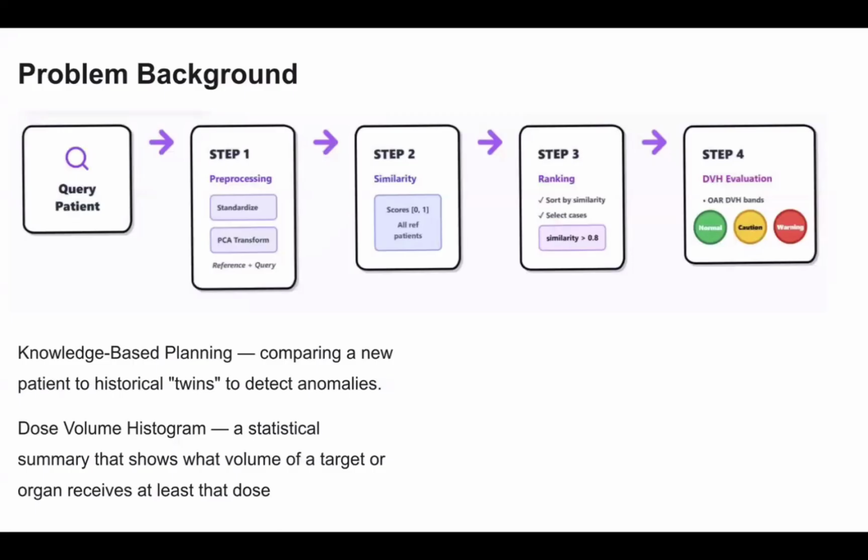Based on how far the query DVH deviates from the historical range, we will assign three kinds of flags. The green flag means it looks normal, the yellow one means it needs caution, and the red one is a potential warning that deserves a closer look by the radiologist.